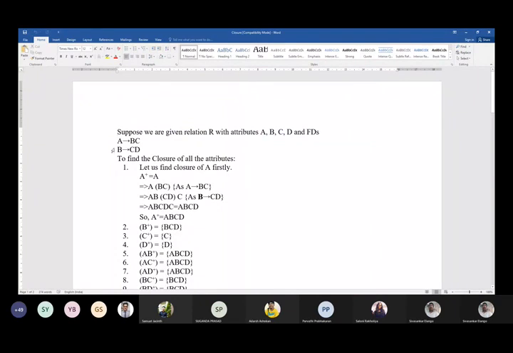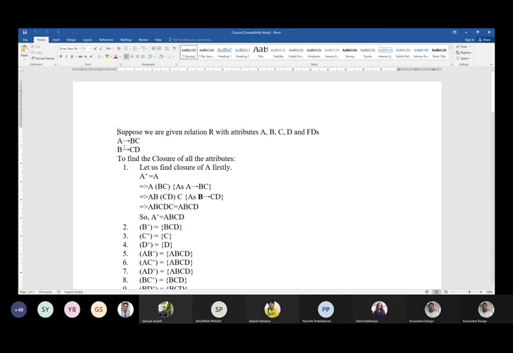Closure of one particular attribute is all the attributes that are functionally determined by that attribute, right? So A closure is going to be A, and A can functionally determine the other attributes B and C. So A closure is going to be ABC.